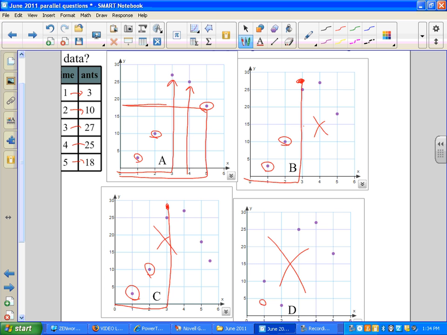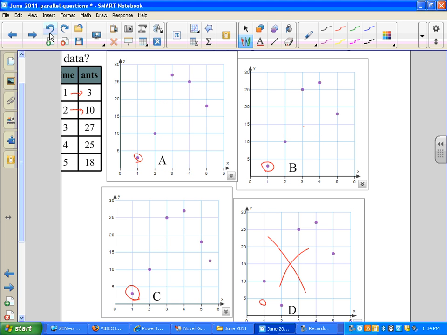It's extremely important. In the Regents, an actual question had two answers where all of the points were plotted correctly, but the difference was with the wrong answer, the points were connected.